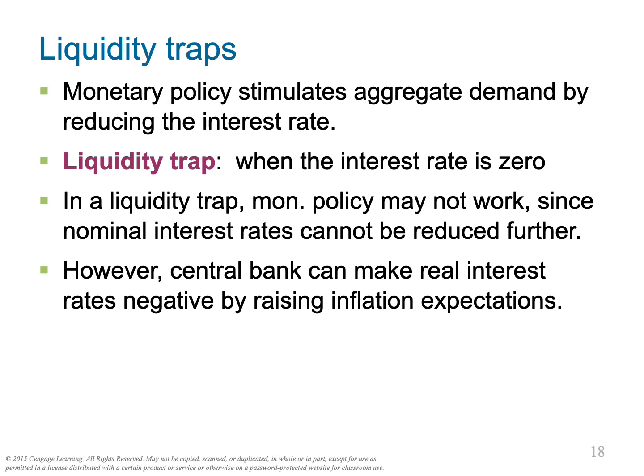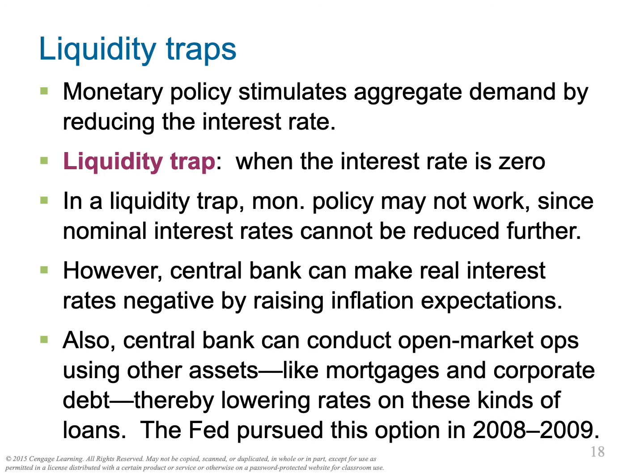Now, keep in mind that the way that the Fed does this is through open market operations. It does it by buying and selling bonds. In this case, to reduce the interest rate, it would buy bonds to put more money in the economy, increase the money supply. In these types of situations, there are other things that it can do. It can buy other assets. It doesn't only have to buy bonds.